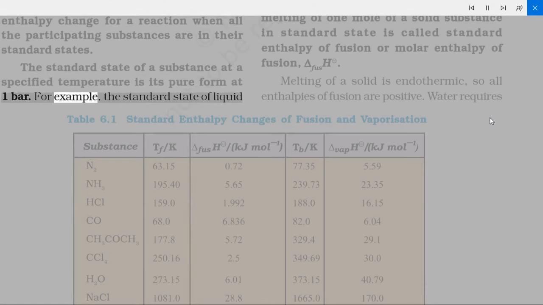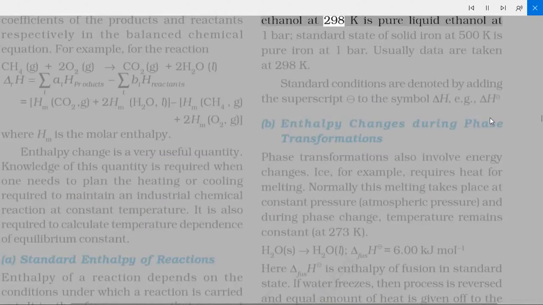For example, the standard state of liquid ethanol at 298 K is pure liquid ethanol at 1 bar. Standard state of solid iron at 500 K is pure iron at 1 bar. Usually data are taken at 298 K. Standard conditions are denoted by adding the superscript ⊖ to the symbol ΔH, e.g., ΔH⊖.